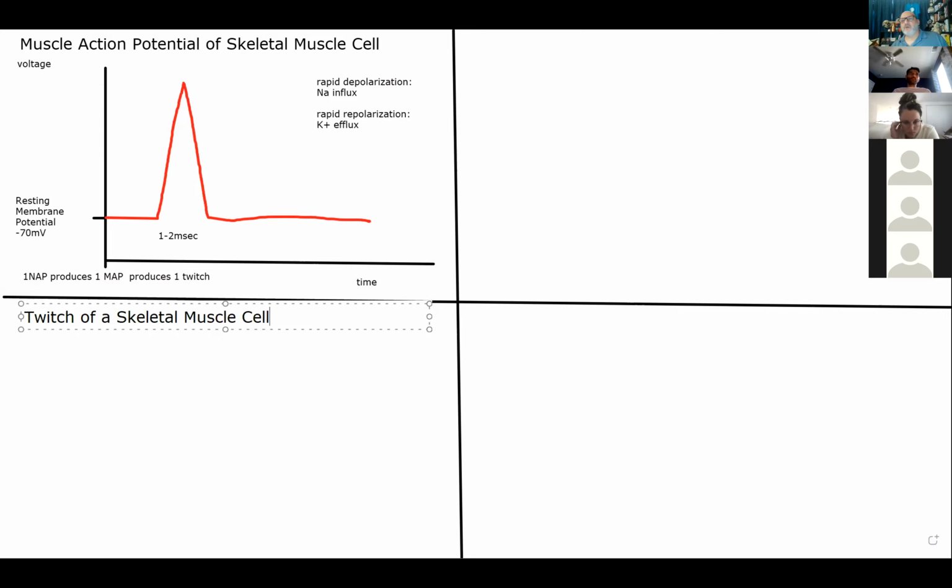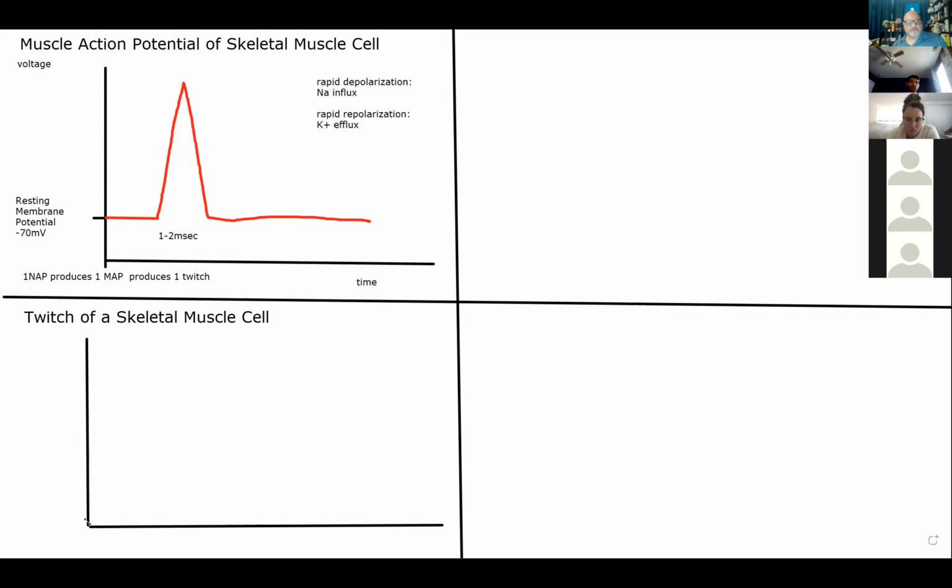Again, we can put our graph on the bottom here. We, of course, have time. And now over here, we have our tension. Of course, as we know, tension starts at 0.